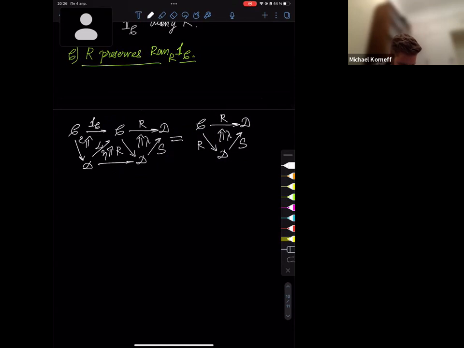And after that, we find that R preserves this Kan extension because we have the factorization like this.